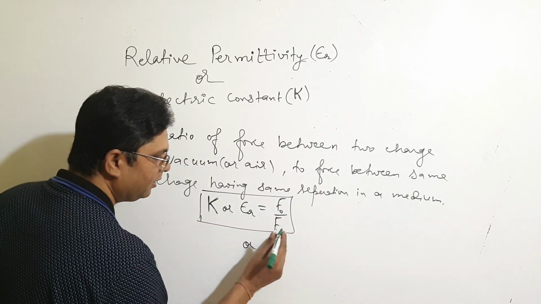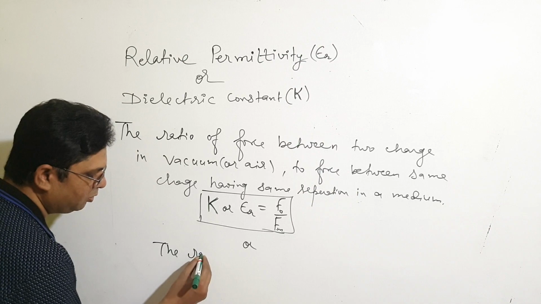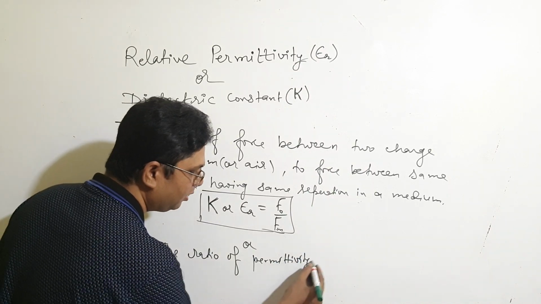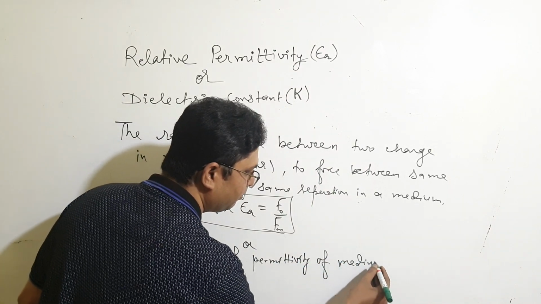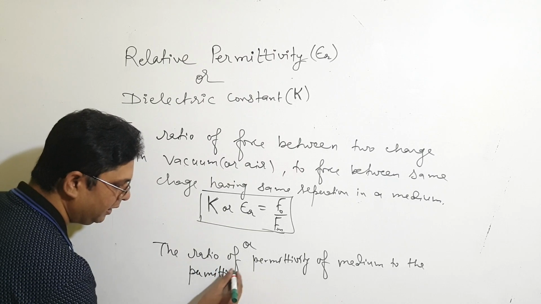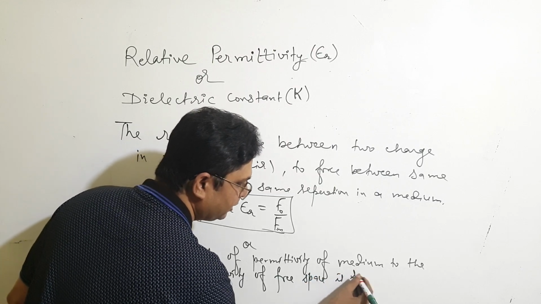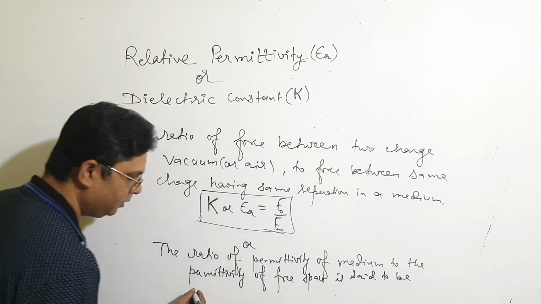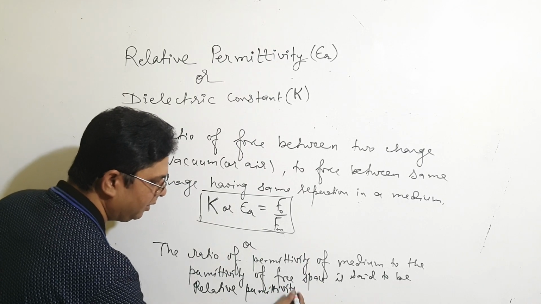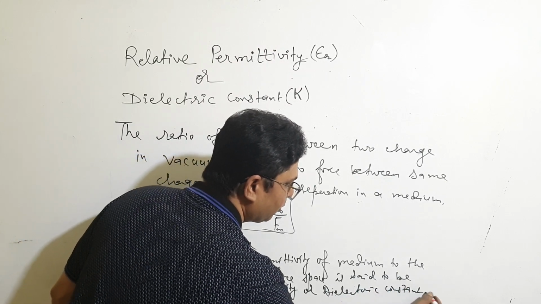Or you can also define it as the ratio of permittivity of medium to the permittivity of free space, which is said to be relative permittivity or dielectric constant.